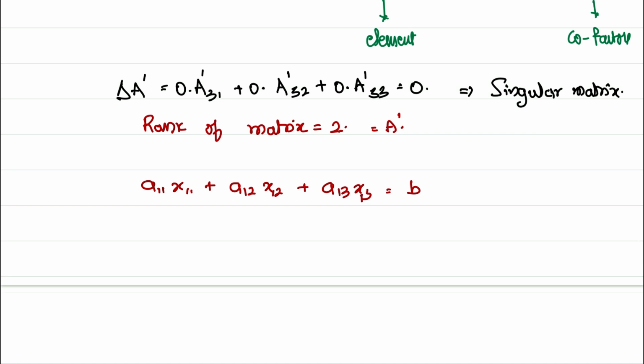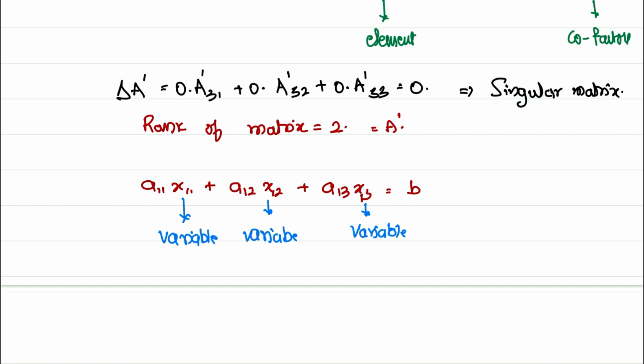That means, for example, you can call it x1, x2, x3, or you can call it x, y, z. There is no problem. These are variables.